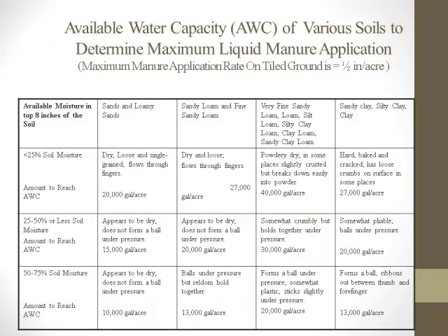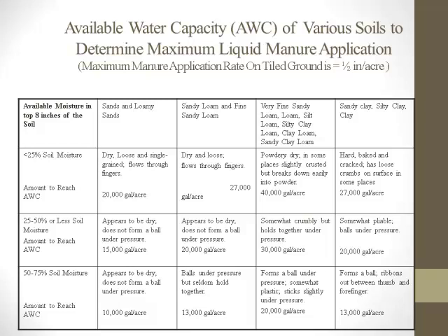There are charts. This is in the USDA NRCS 590, and based on the type of soil, whether it's a sand or a loamy sand or a silt loam or clay, it tells you how much capacity that soil has to hold on to additional water.